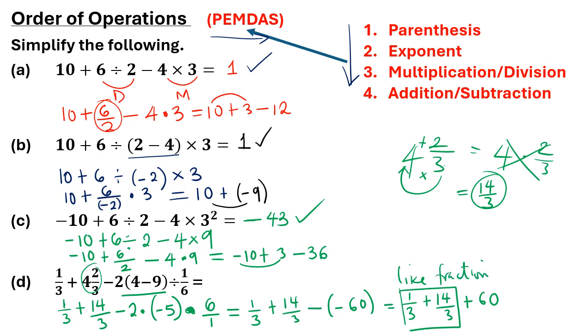So we can just combine that together to get 15/3 plus 60. We know that 15 divided by 3 is going to be 5. So 5 plus 60 will be 65. Make sure you confirm this answer by typing this result in your calculator, doing it carefully and seeing what you get.